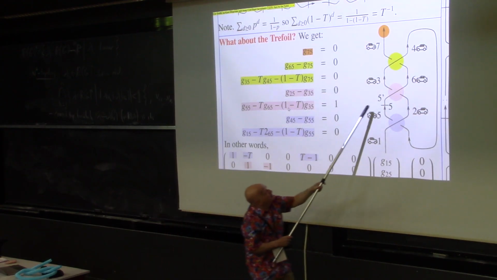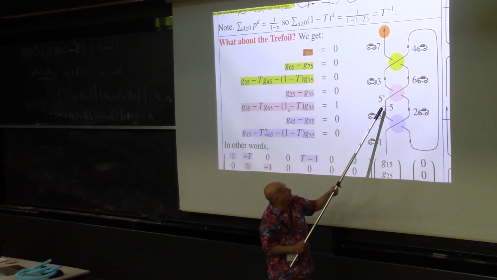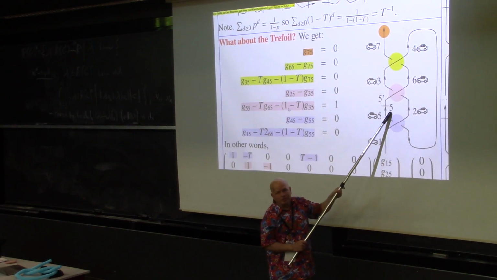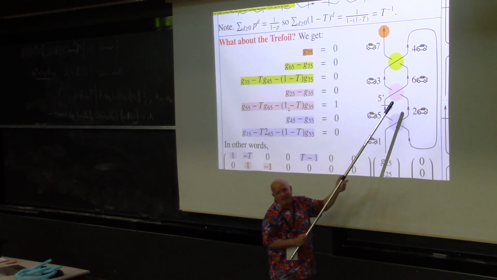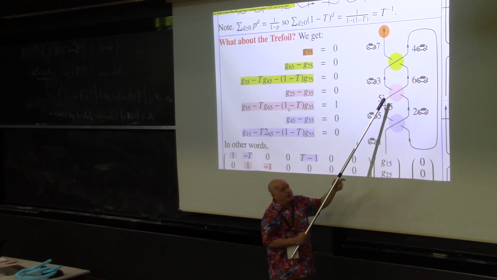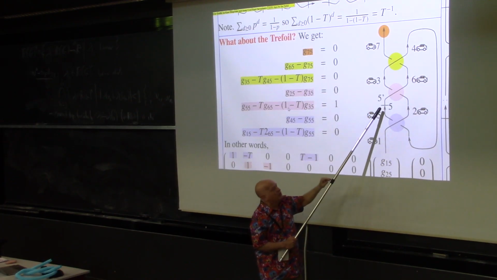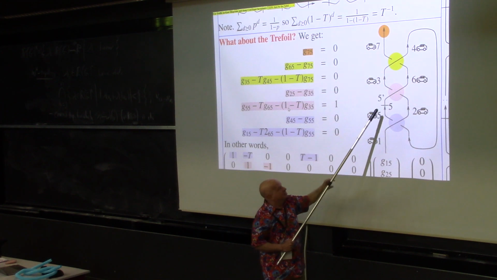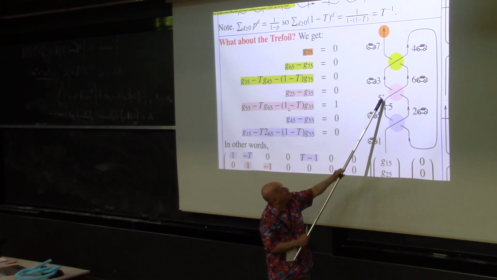You see, if I was to inject the traffic at 5 prime, namely past the measurement point, then I'd get exactly the same equations as before. But my convention is that the injection point is before the counting point. So really I'm injecting traffic not at 5 prime, but at 5.